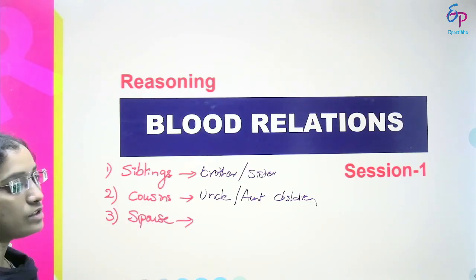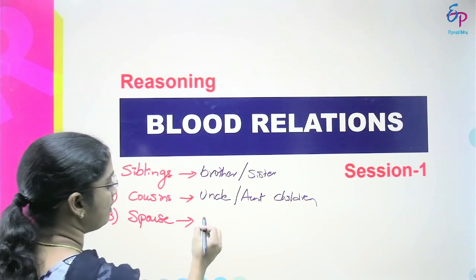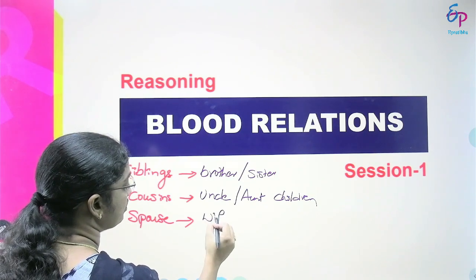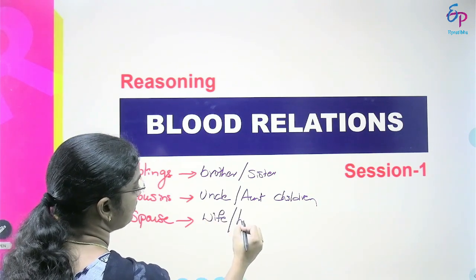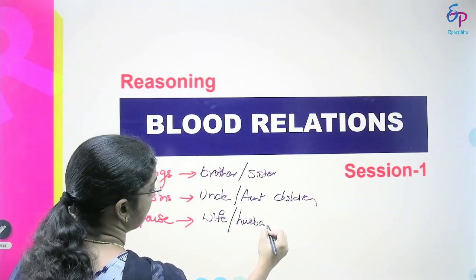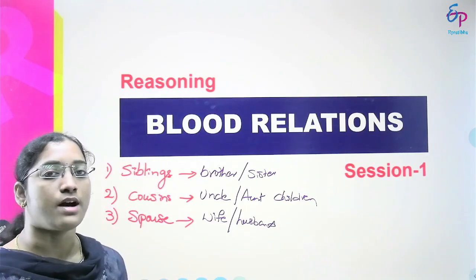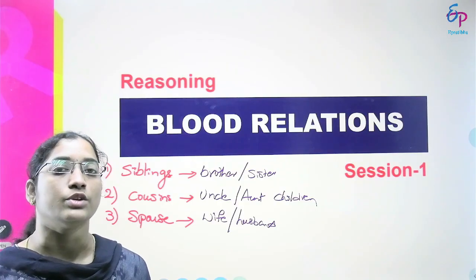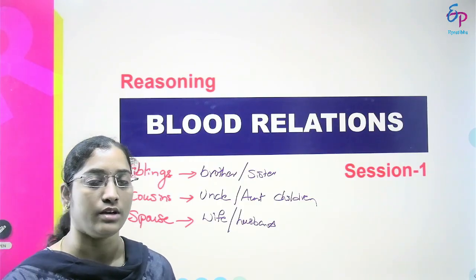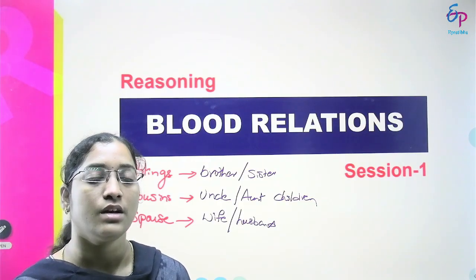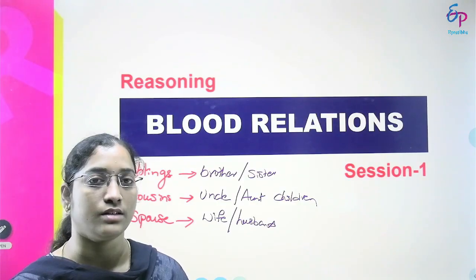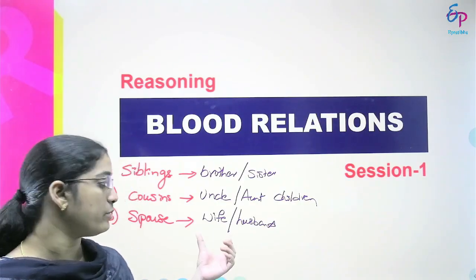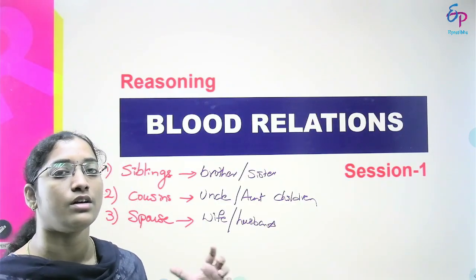Spouse means wife or husband, that means life partner. If you are a female, your husband is your spouse. If you are a male, your wife is your spouse. Spouse means wife or husband.